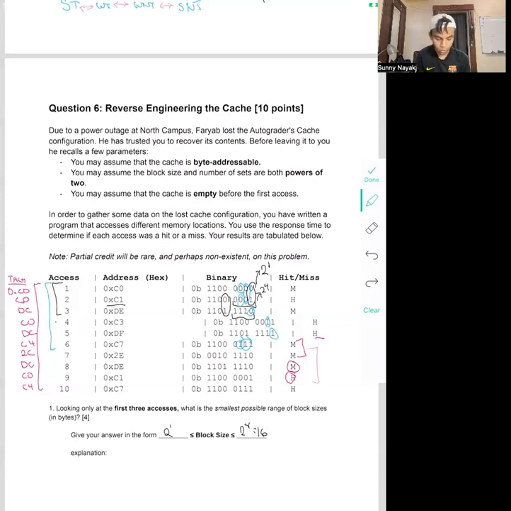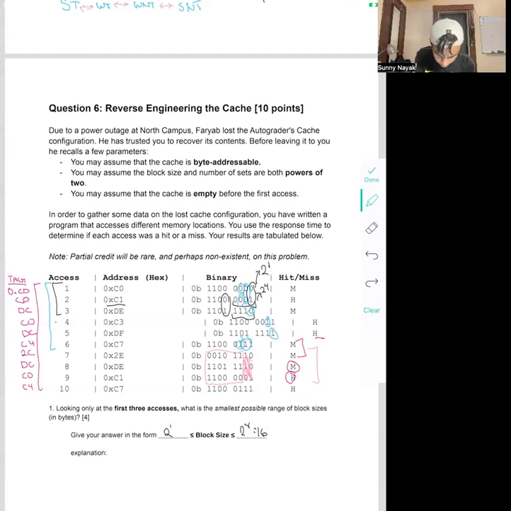If this was two-way associative, that access pattern would have resulted in an eviction. I don't know how many set bits there are exactly, but what I do know is that if I look strictly at the binary representations, the least significant bits are going to be my set index, and the most significant bits are going to be the tag, at a certain point.